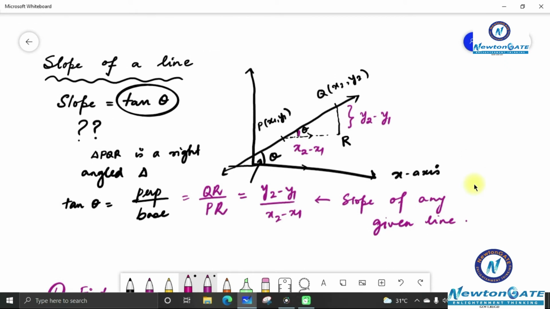Now, as I said, theta is the angle of inclination, the angle which this straight line PQ is making with the x-axis. So, what if this theta is equal to 0?